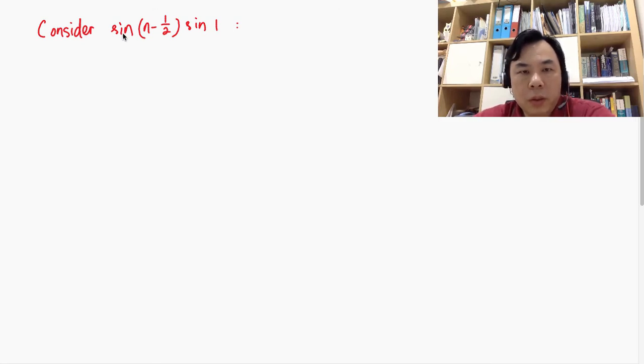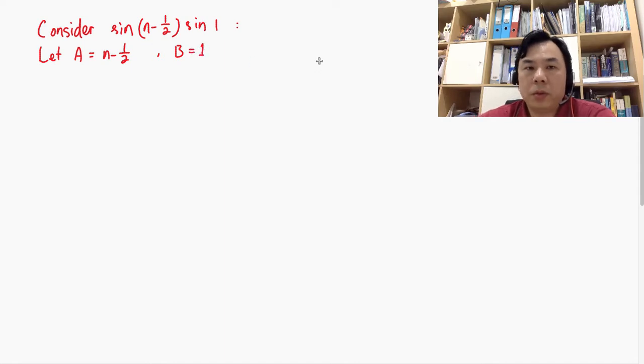So the numerator is given by such. So here I'm going to let A be n minus half, and then B equal to 1 here. So it's easier to refer to. Okay, now I'm going to use one of the trigonometry compound identities for cosine.